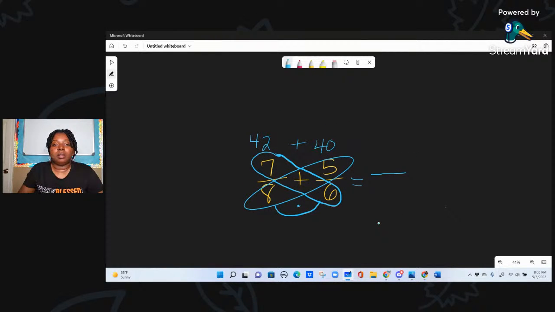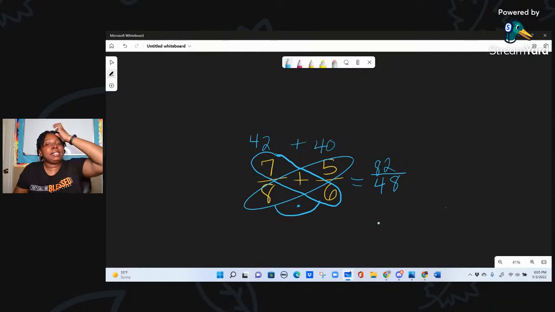And 42 plus 40, you should be getting 82. Now you have an improper fraction. We can reduce this first and then make it into a mixed number, but that's the basis of adding fractions. 2 goes into both of these.